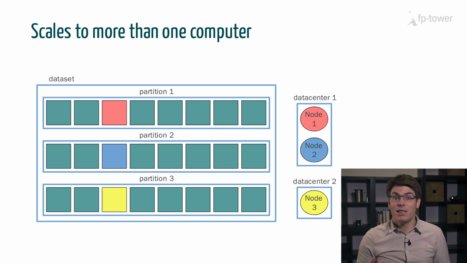Now, the nice thing about this approach is that it scales to more than one computer. For example, instead of CPUs, we could dispatch the work to different nodes in a data center. But then we would need a distributed file system, and we would then have to worry about things like network and resiliency, because a node might break, which would mean we'll have to redo the computation somewhere else.